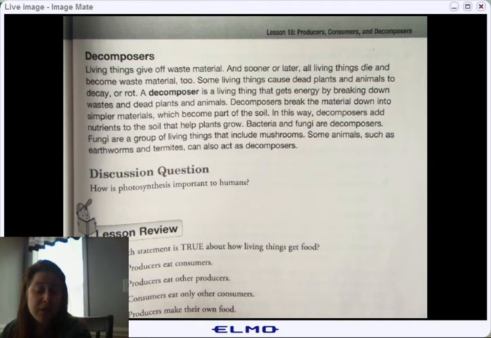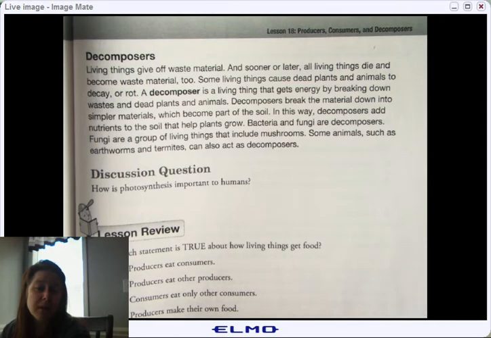Decomposers break the material down into simpler waste, which becomes part of the soil. In this way, decomposers add nutrients to the soil that help plants grow. Bacteria and fungi are decomposers. Fungi are a group of living things that include mushrooms. Some animals, such as earthworms and termites, can also act as decomposers.